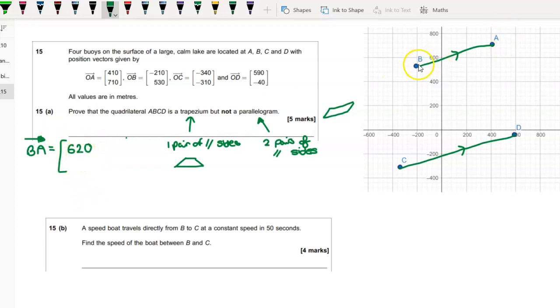Because we're going 620 from there along there. And then on the top, we're going from 530 up to 710. So the difference between those two, 710 minus 530, is 180.